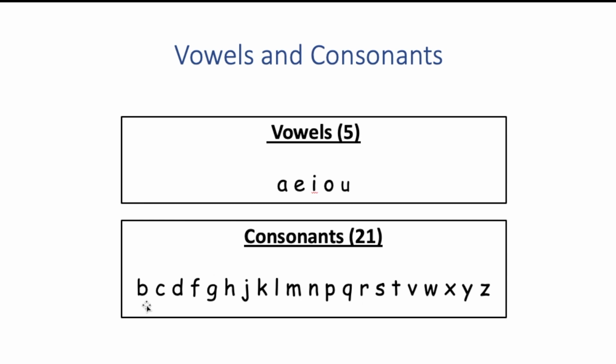Okay, so consonants like B, C, D, F, etc. If you don't know vowels and consonants, please pause the video, stop the video, and write the vowels and consonants on some paper.